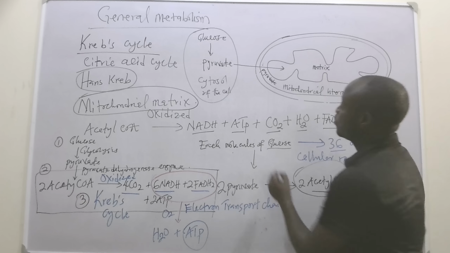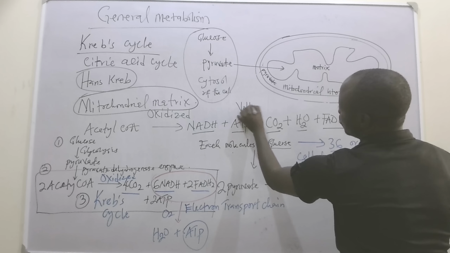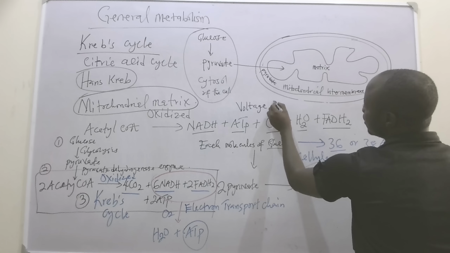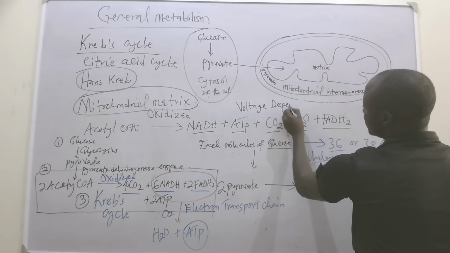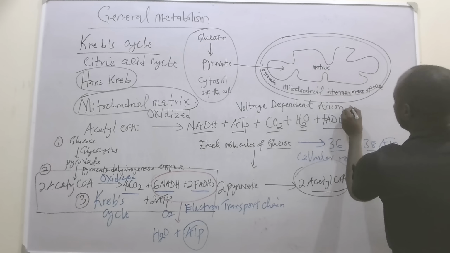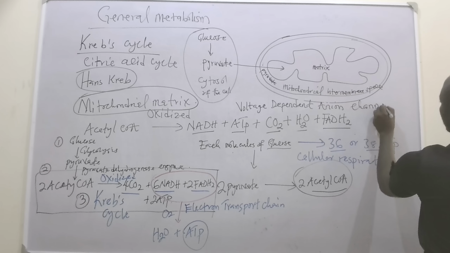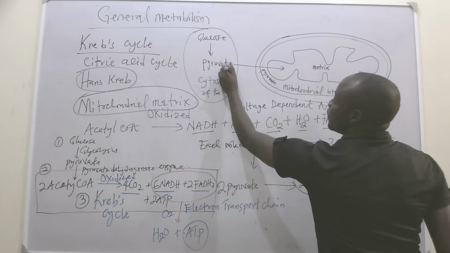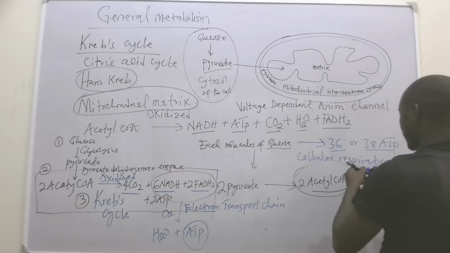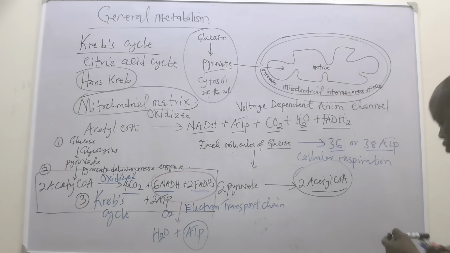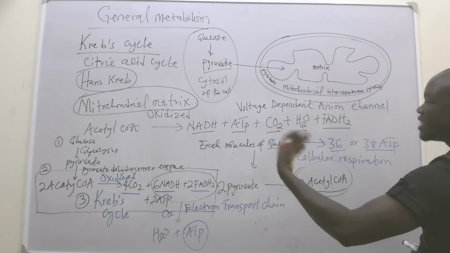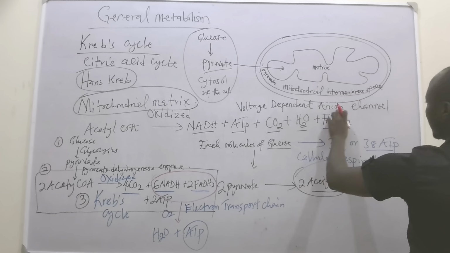Because the pyruvate is a larger molecule, it gets into the mitochondrial inner membrane space using a non-selective voltage-dependent anion channel.